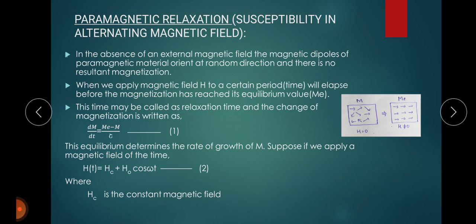paramagnetic relaxation or susceptibility in an alternating magnetic field. Already we know the nature of paramagnetic material.